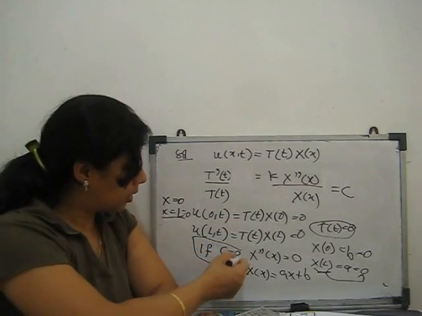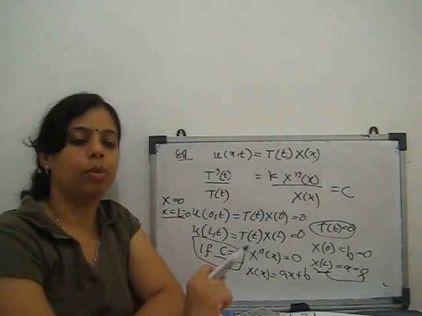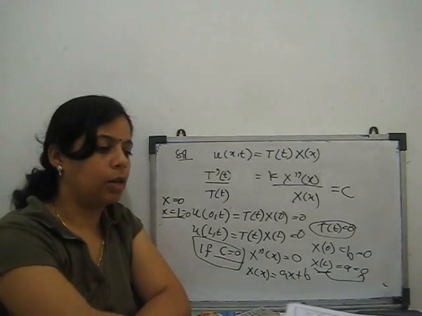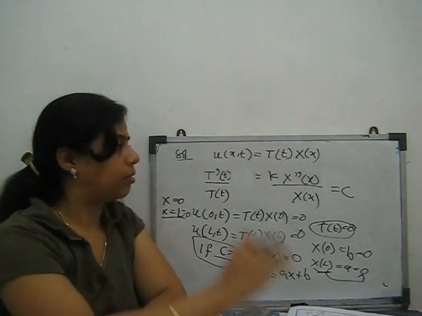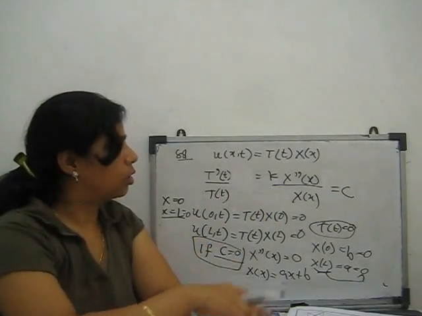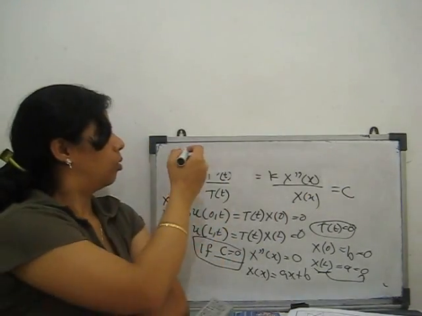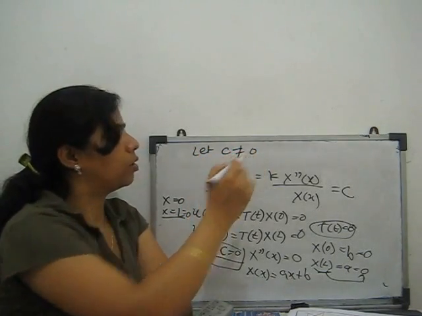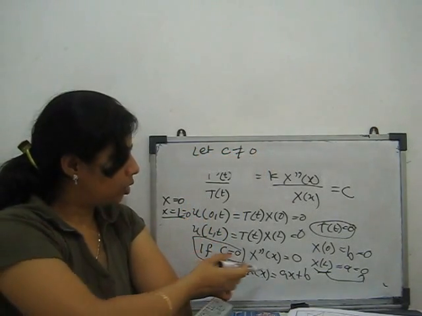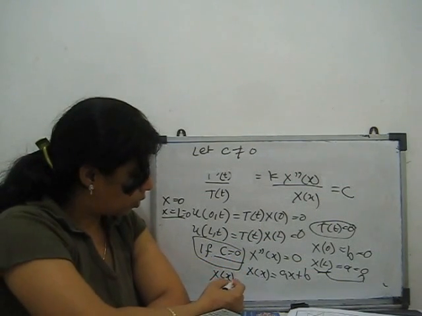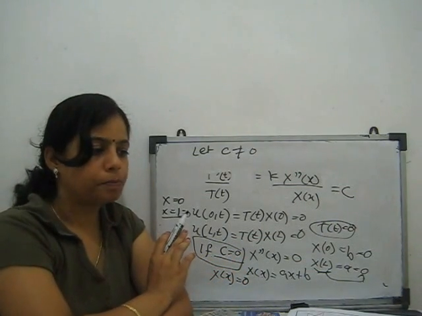We discard c equal to 0, because if this constant becomes 0, the whole value does not satisfy the equation. So now we consider the other part, c not equal to 0. With c equal to 0 we find X(x) equal to 0. Clear?